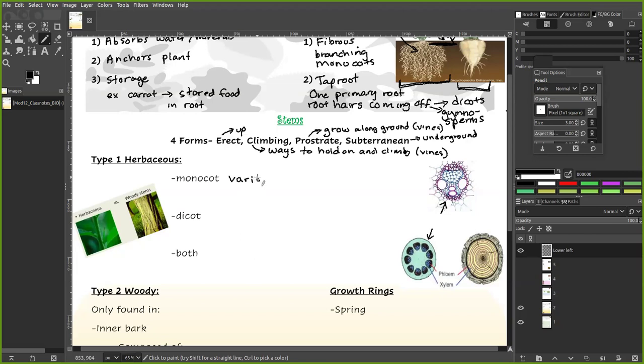Vascular bundles spread throughout the stem. It's not always as clear as this, but this is what we're talking about. This is a monocot.